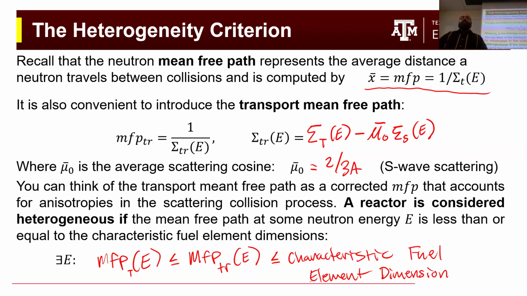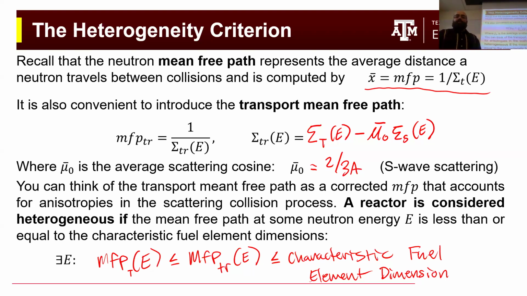So for a reactor to be considered homogeneous, you need the mean free path to be less than the characteristic fuel element dimensions, so that the neutron can have multiple interactions while it's inside of that fuel element. Yeah. Has to be less than the transport.